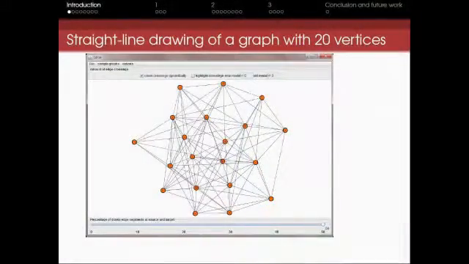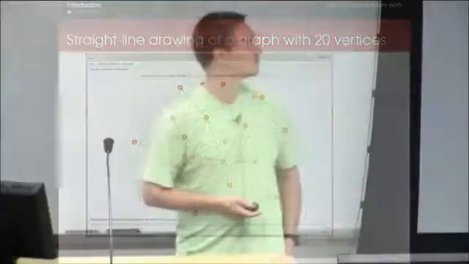So first of all, what is a partial edge drawing? Consider an arbitrary graph with visual clutter caused by many edge crossings. One of the main questions in graph drawing is to reduce the number of crossings. The traditional way is to simply change the embedding, but what we do is we break the edges, so every edge becomes two pieces, which we call stubs, and now we shrink the size of these stubs.